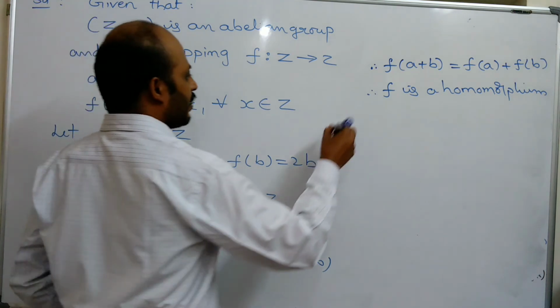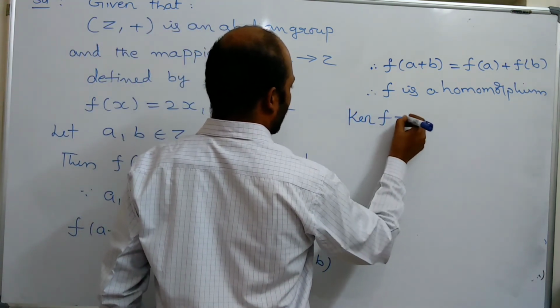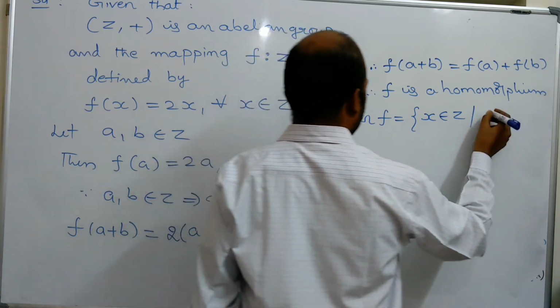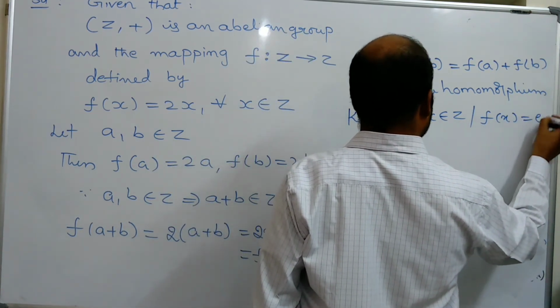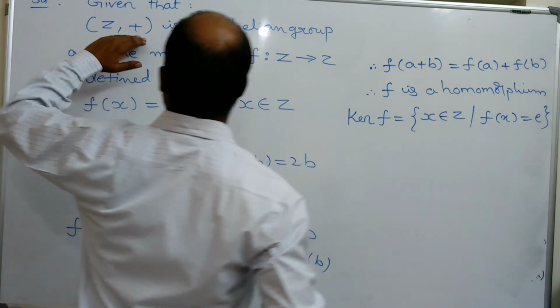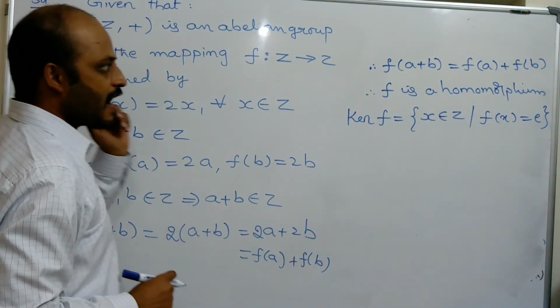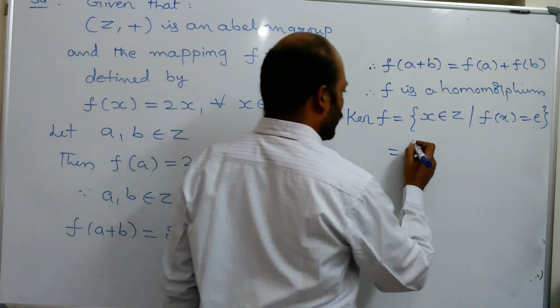Let us find the kernel of f. Kernel f is equal to the set of all elements x belonging to Z such that f of x is equal to the identity element. Here the group is with respect to addition. What is the identity element with respect to addition? 0.